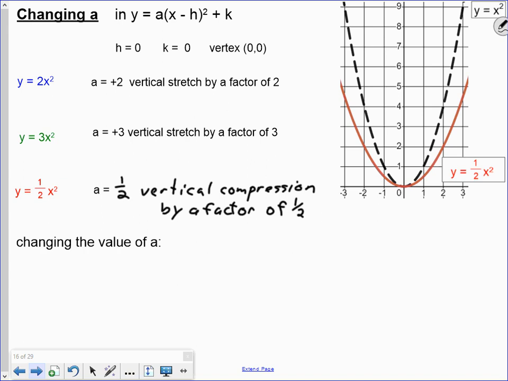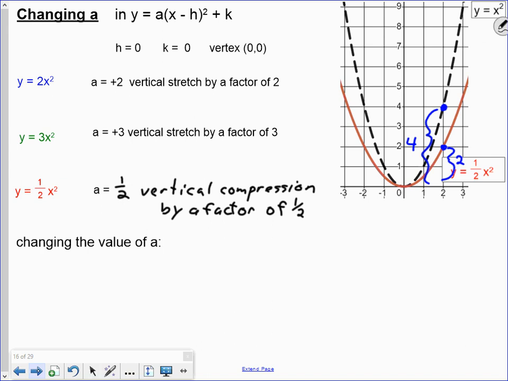Okay, so we've taken a point, let's say a point that is right here. We'll do this in blue here. It's originally a distance 4 above the x-axis, and we have moved it down to here, where it is now 2 above the x-axis. So we've squashed this parabola down. We've made everything half as far away from the x-axis.